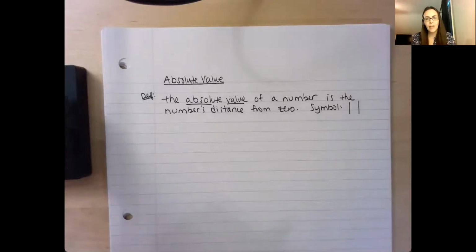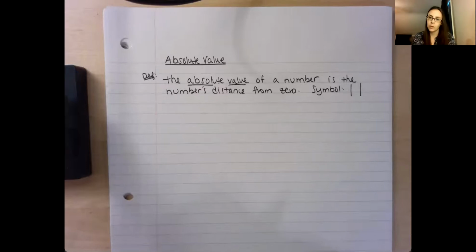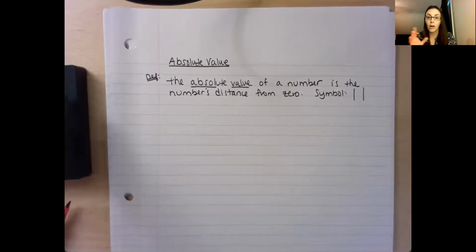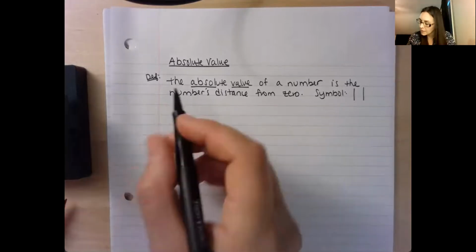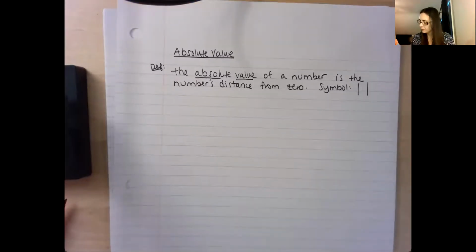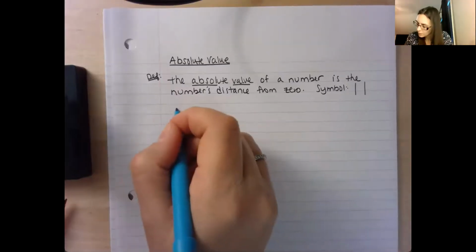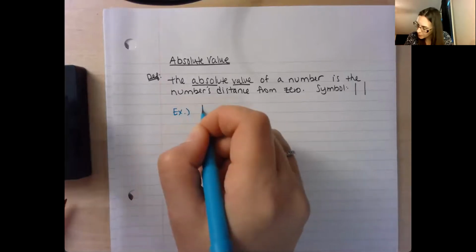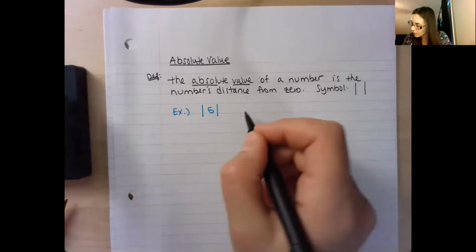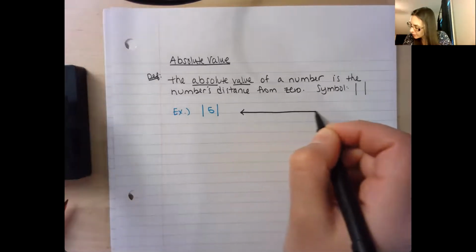And the symbol that you use here to represent an absolute value are 2 vertical lines like this. So you want to be careful because if you're reading particularly on a computer screen, it can be a little tricky. So absolute values have vertical lines, so it's different than parentheses or brackets. I know they all kind of look similar. So for instance, let's say I want to find the absolute value of 5. Well, what I can do here is I could draw my number line first.